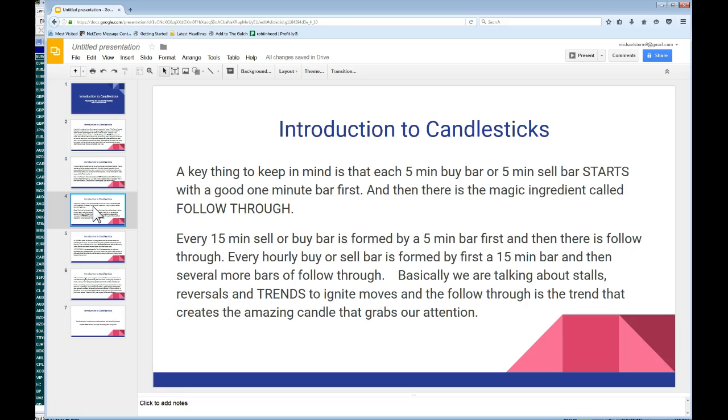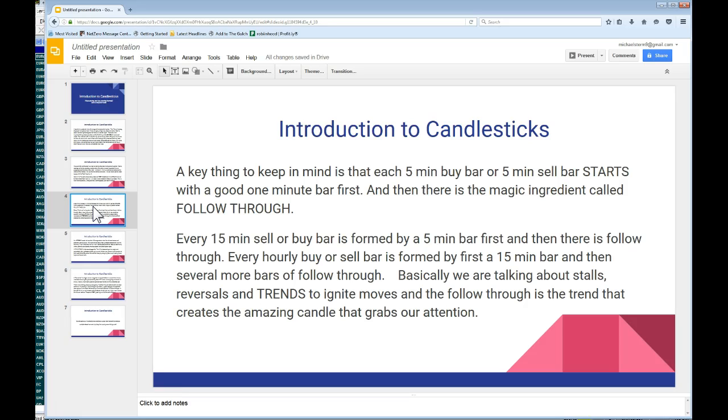And then there is a super-duper high-powered magic ingredient called follow-through. That's the coveted thing that you want. You see a big monster 1-minute sell bar, you would very much love to have some follow-through, where it just rips south for the next 9 to 12 candles at least, right?